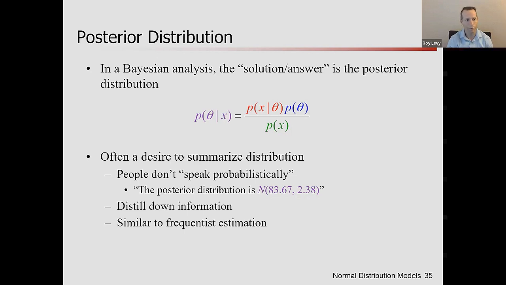They're not going to be very happy with me. So we often want to make results from Bayesian analysis similar or analogous to what people are used to getting from things like frequentist modeling and estimation.